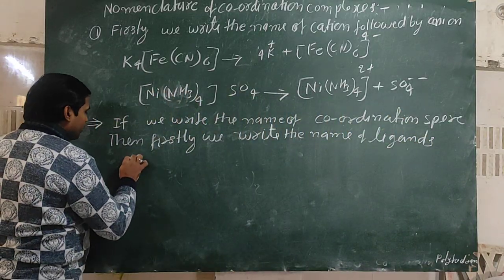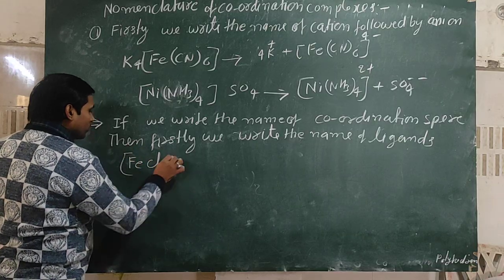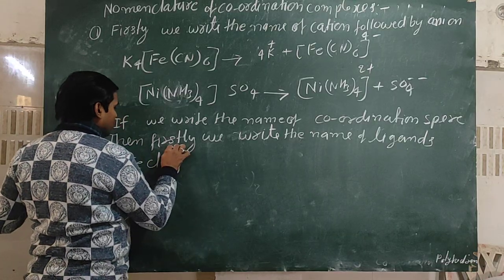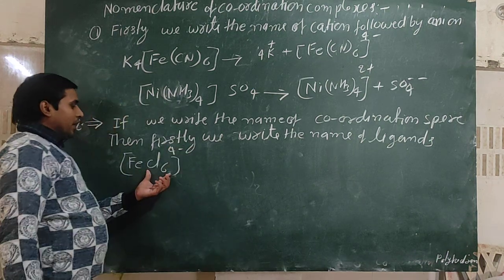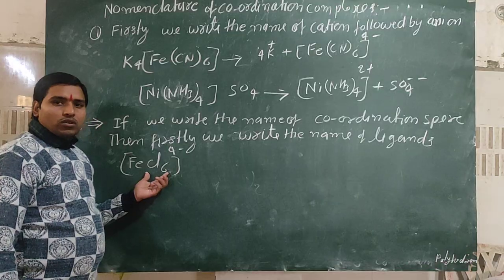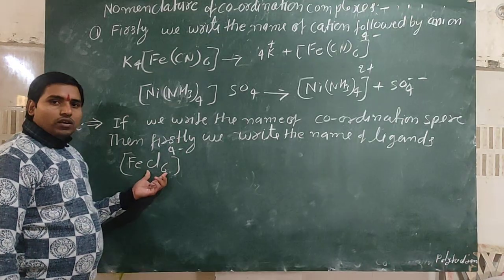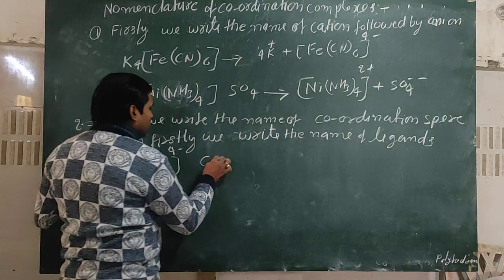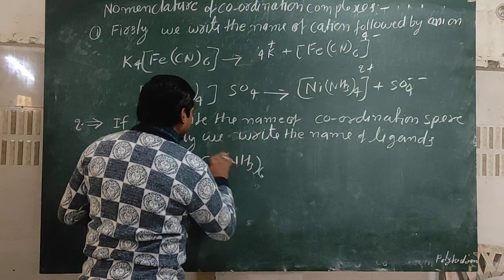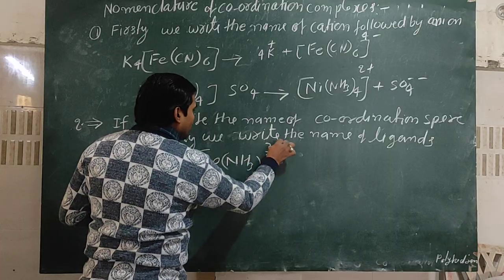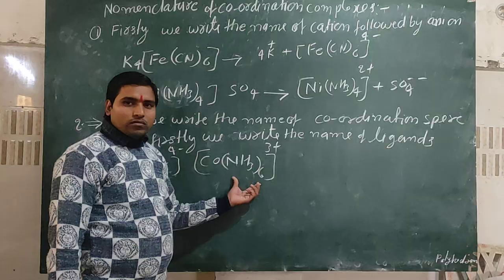For example, [FeCl6]: in this complex firstly we write chloro, meaning chloride ion, because chlorine is the ligand. In [Co(H2O)(NH3)5], firstly we write the name of NH3, the ligand.